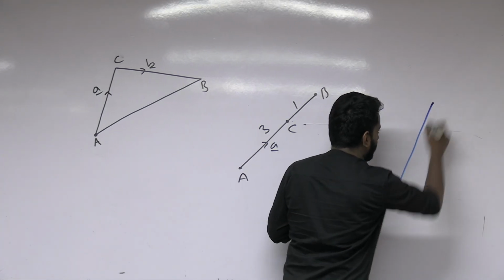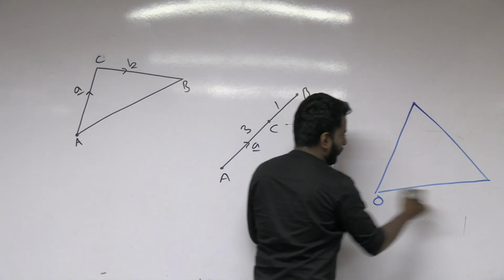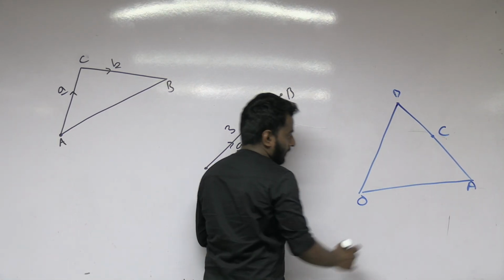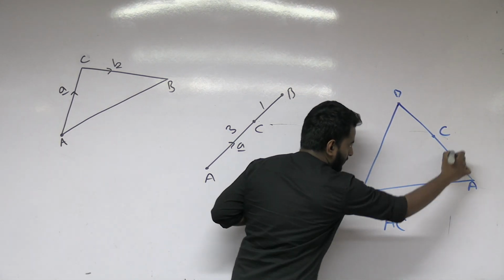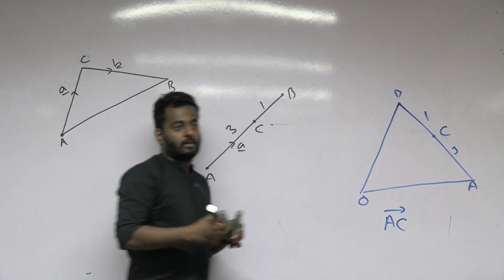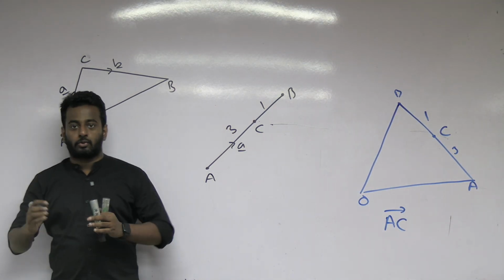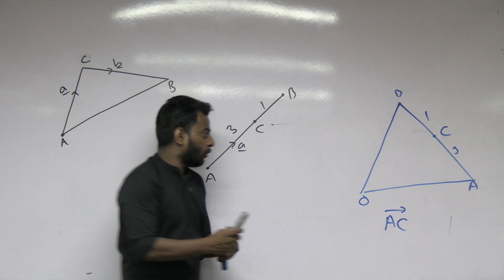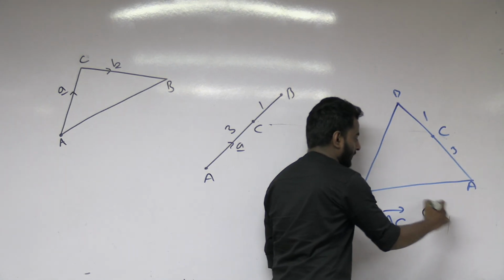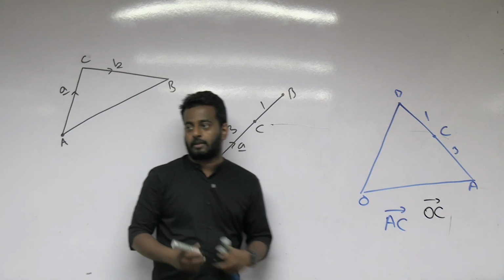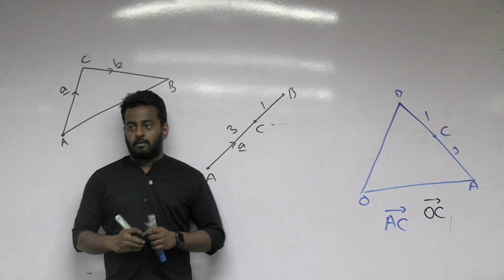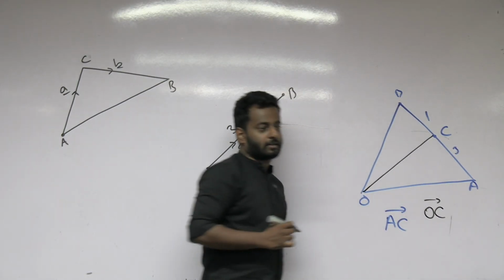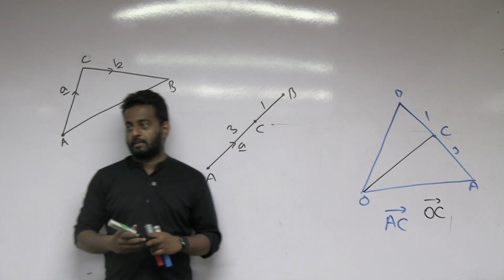Here we have a triangle, and this is OAB, and this is C. I'm speaking about the vector AC. Is AC a complete vector or a portion of a complete vector? It's a portion of a complete vector. What about OC? Is OC a complete vector or a portion of a complete vector?